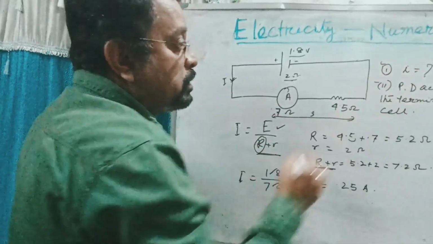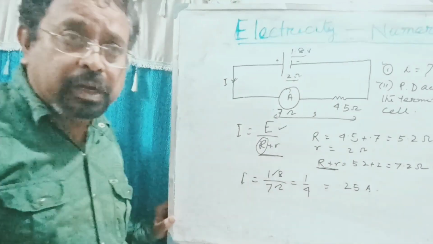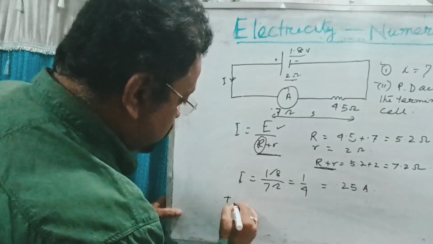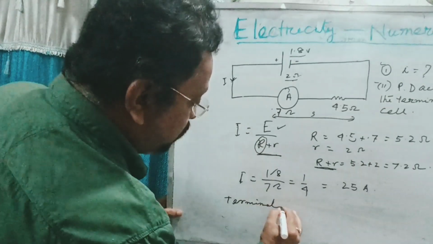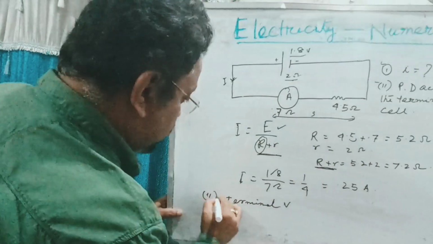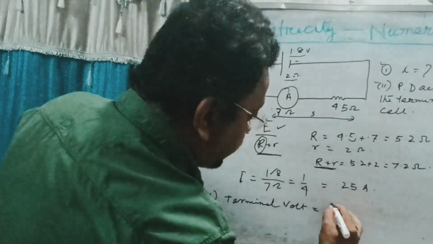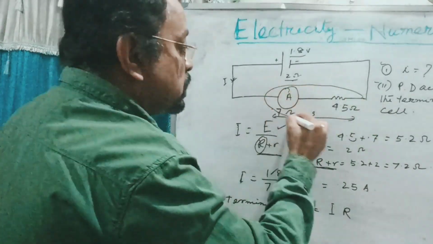Now the second part, the potential across the terminal of the cell. What is the formula for potential across the terminal of the cell? That is terminal voltage. This is part 2, terminal voltage is equal to I into capital R, that is the current into external resistance.